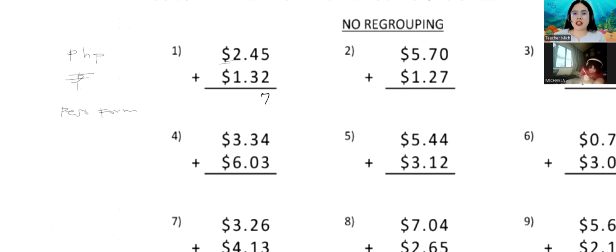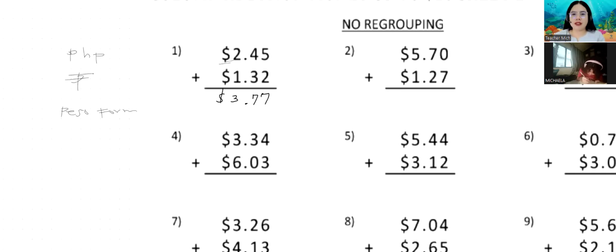And then you need to copy the decimal point. Okay, then the next one, we have here 2 plus 1, that is equal to 3. And don't forget to copy the currency symbol, which for this one is in dollar form.